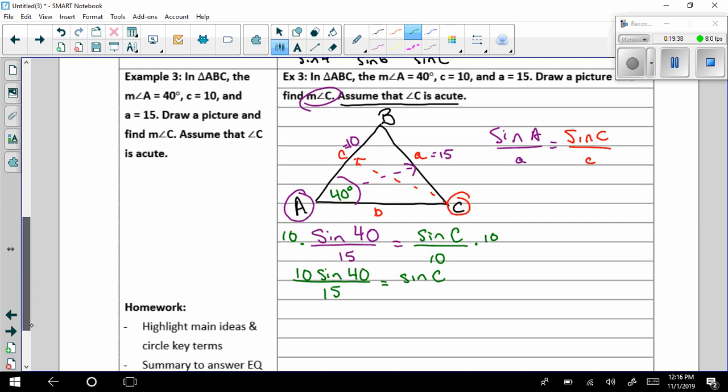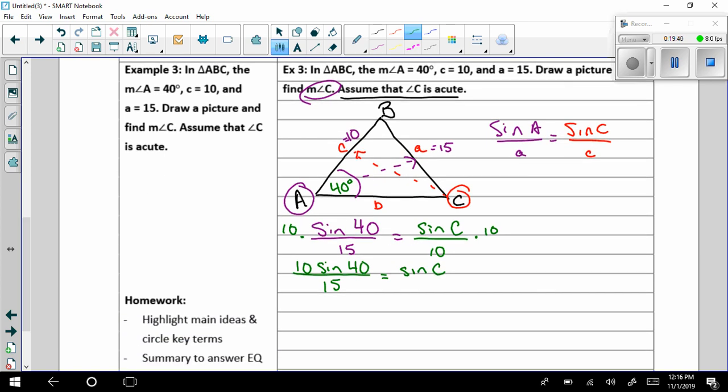For these particular problems, I'm going to go ahead and get a decimal approximation for this side. Actually, no, I'm taking that back. We cancel out sine on the C by taking the inverse sine. And so I'm going to do that just to this whole side. Okay.